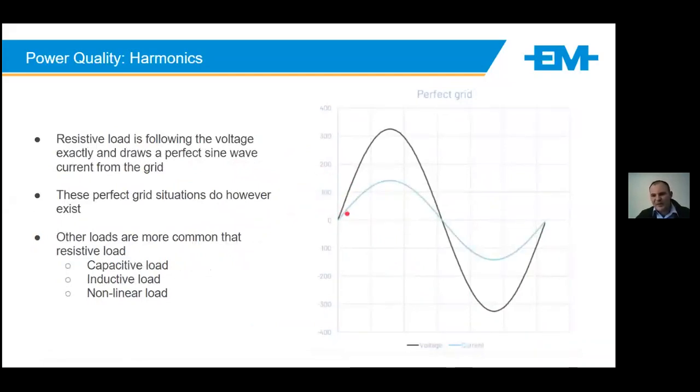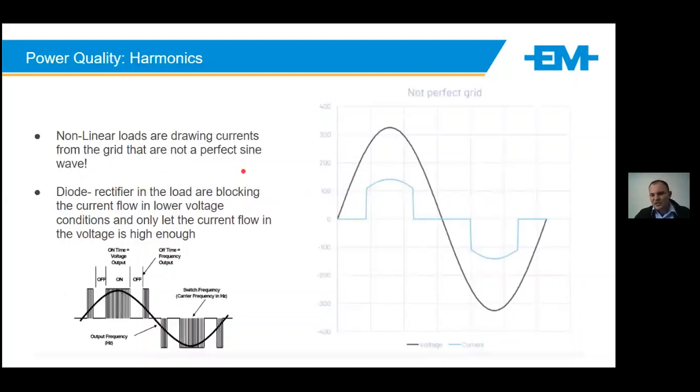So if we imagine we had a resistive load flowing at the same time, it would look something like this. This would be the perfect world, where everything is at unity and there are no issues. These perfect grids seldom exist. Other loads are more common, which we've spoken about before: capacitive, inductive, and nonlinear, what we call our AC to DC conversion variable load.